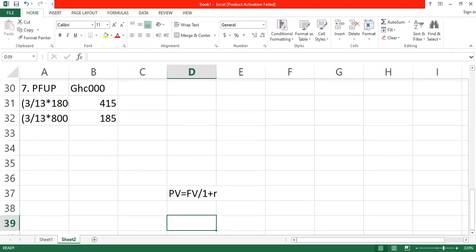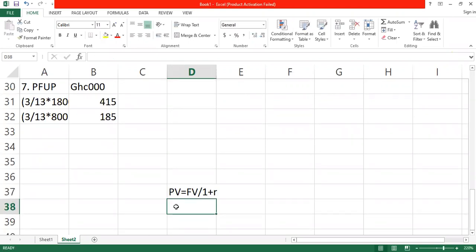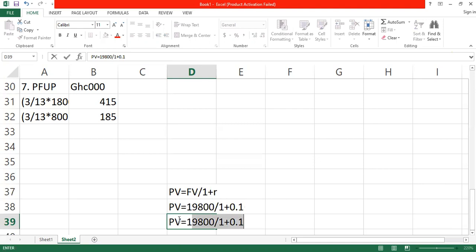So in this case, the present value is 19,800, the money we are paying in future, divided by 1 plus 0.1, which is the cost of capital for the parent. The exponent will be 1, so you don't have to do anything. So your present value is 19,800 divided by 1.1. What are you getting?